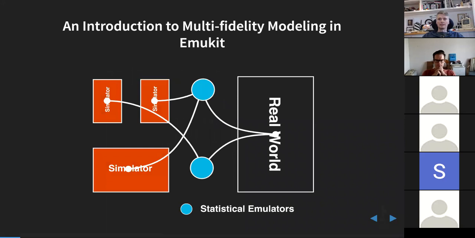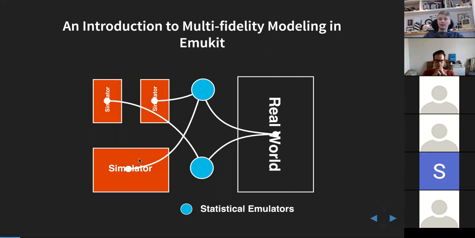Okay, so you should recognize this slide from before. In this slide, the idea is that you've got the real world, you've got a series of statistical emulators, and you've got simulators.